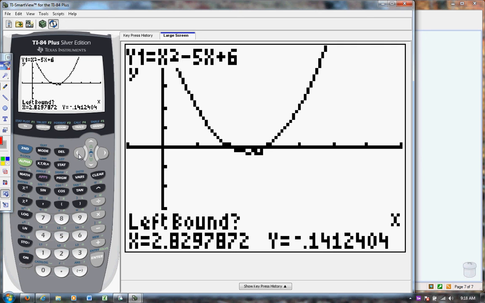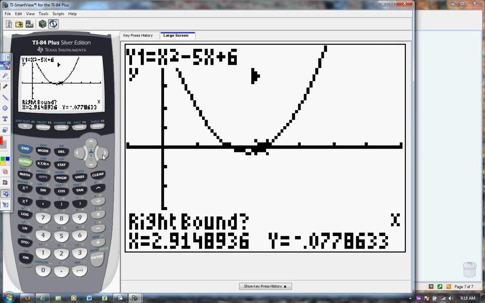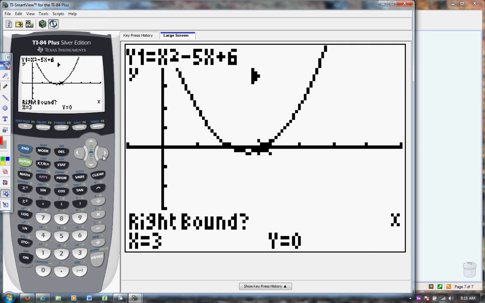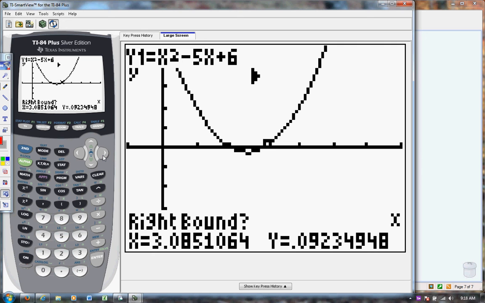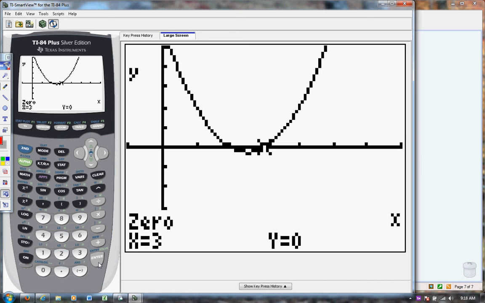I'm a little bit to the left of that intercept. Press enter. Then it asks you for the right bound, so you move it a little bit to the right of it and press enter. And then it says guess. So then you press enter again. And there it is. Okay, so the other 0 is at x equals 3. Okay? And we are going to stop there for today.